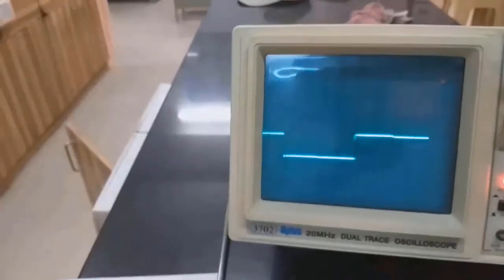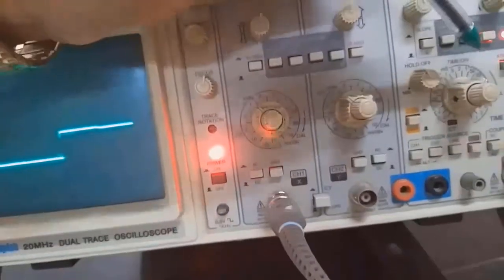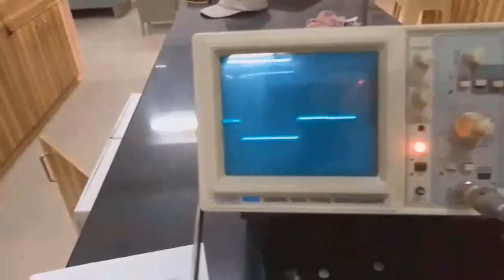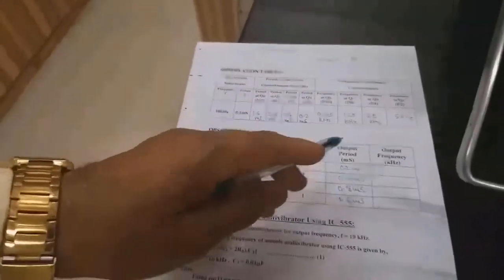So measure the period. Here from this point to this point, the distance is a total of 8 divisions, and the time per division knob is at the same position, 50 microsecond per division. 50 into 8 means 400 microsecond, which is 0.4 millisecond.